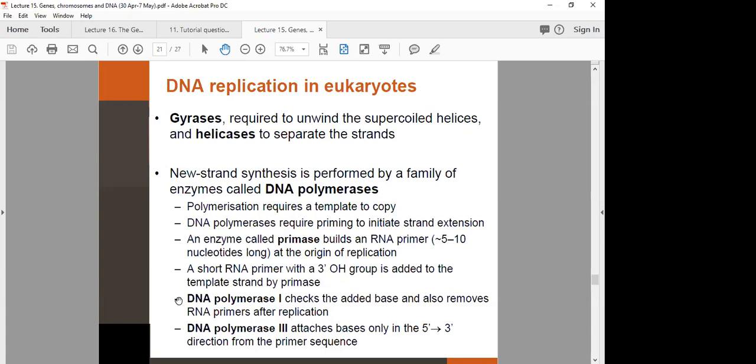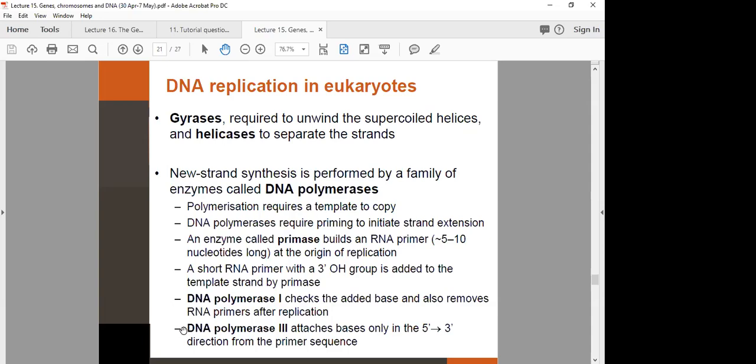DNA polymerase 1 is one of the polymerase enzymes. This is said to have proofreading ability. So it can actually check any added DNA nucleotides, and it's also responsible for removing those little RNA primers after DNA replication takes place.